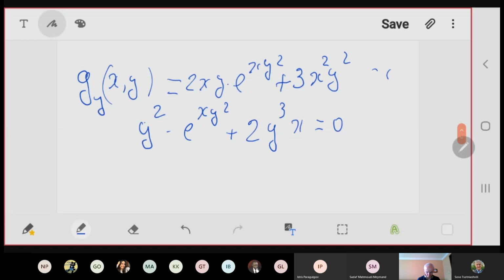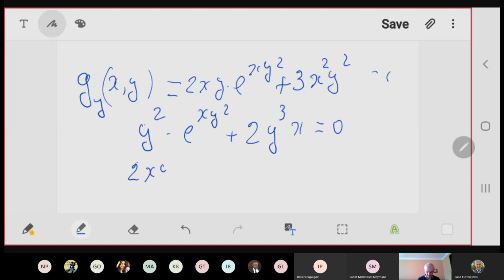And from the second partial derivative, we have 2 times xy e to power x y square plus 3 times x square y square equals 0. So it's a more complicated, slightly difficult problem, because in our previous examples we got constant numbers, and it was easier.